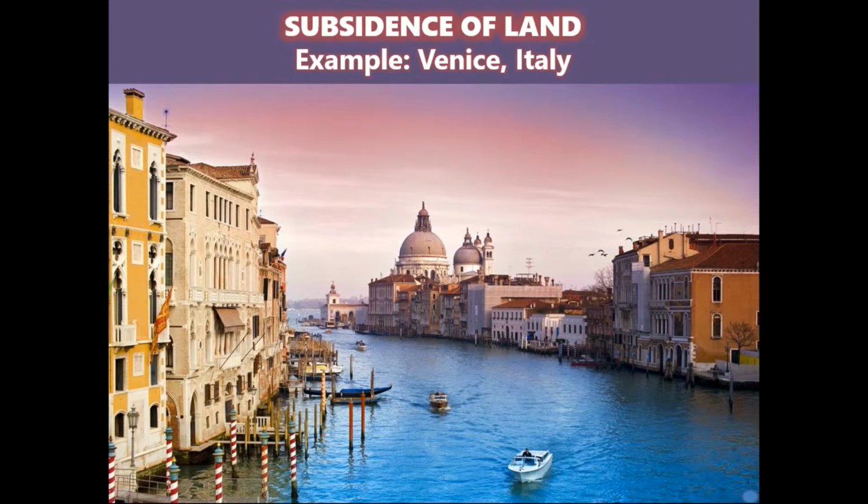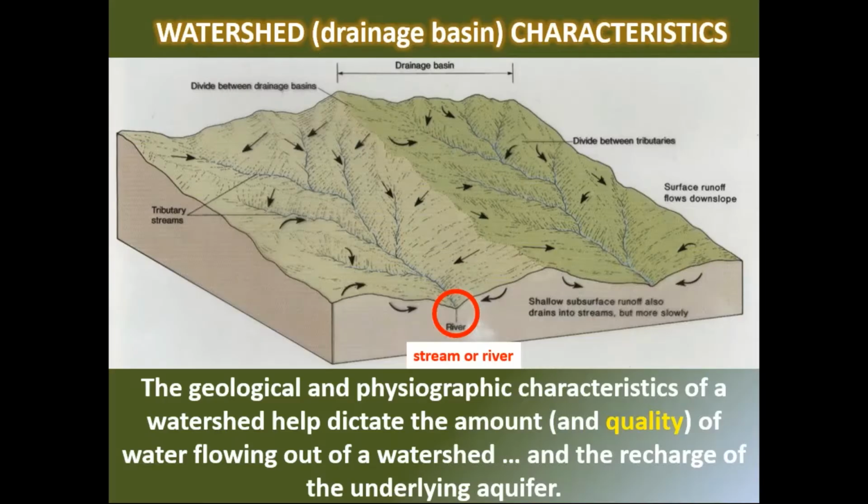A couple of mechanisms, from a geological perspective, can make this happen, but we're just looking at the overarching idea: if the elevation of the water surface is constant, but you drop land, you're going to cause flooding as well. A great example of this is Venice, Italy, where the entire city is slowly sinking, which is causing flooding as a consequence.